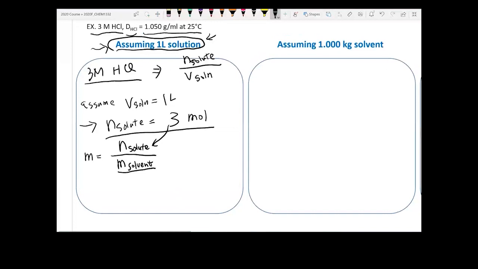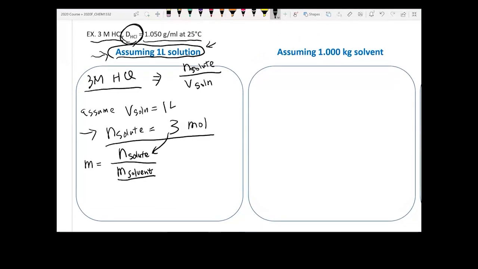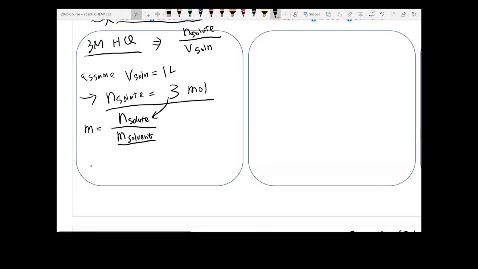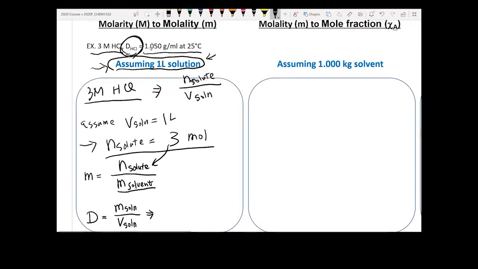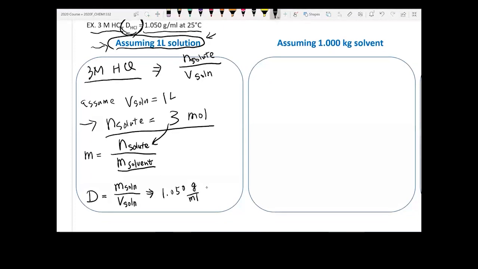You can see that it provides you the information of density, right? So let's say the density of your solution is equal to 1.05. The density of the solution is equal to the mass of your solution divided by the volume of your solution. From the question, your density is 1.050 gram per mL.